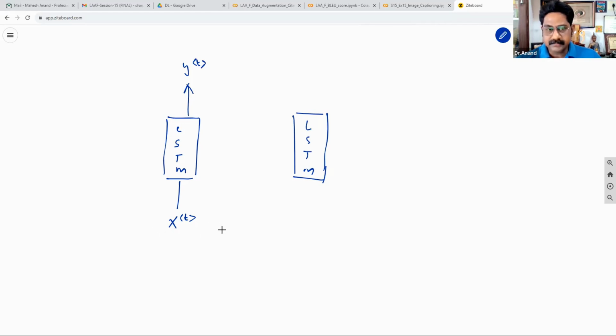Individually, each is being trained like many to one vector, because this model should learn the sequence of the English sentence, and similarly this LSTM should understand the sequence of the French sentence. But both are interlinked, tied together.